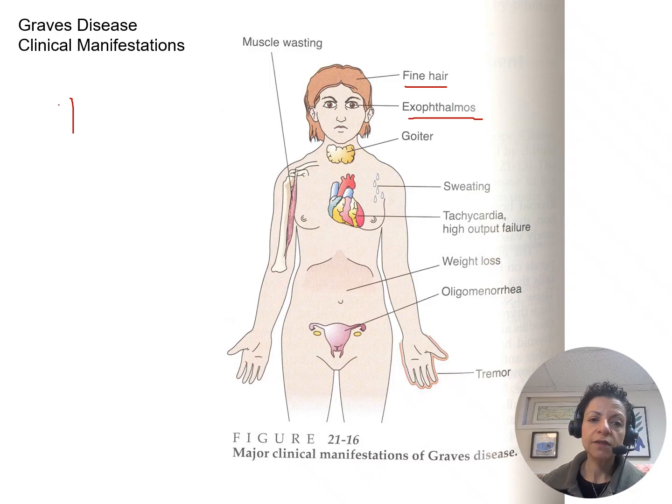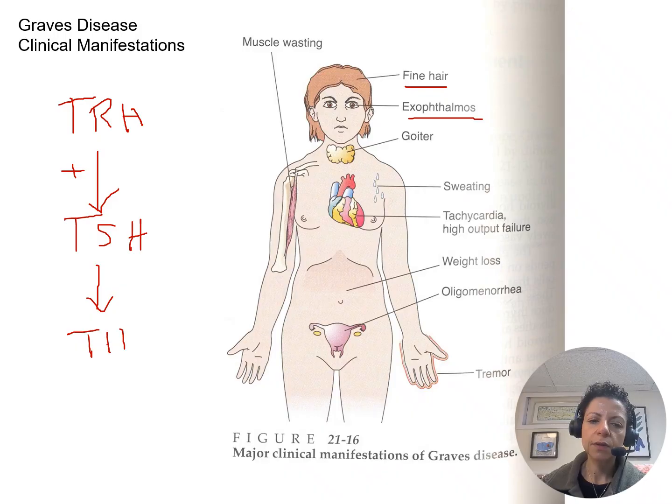So if we consider the normal axis, right, with TRH stimulating the production of TSH, which then stimulates the production of thyroid hormone. Okay, that's the normal axis.